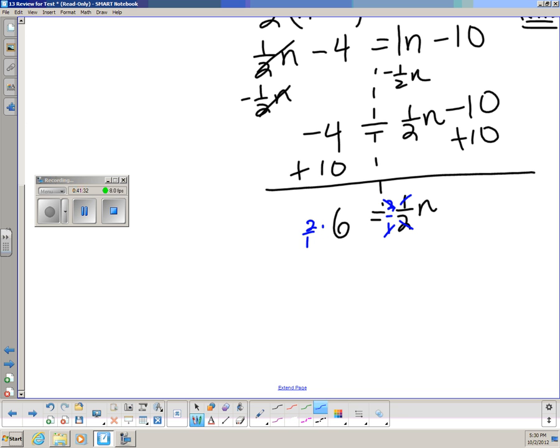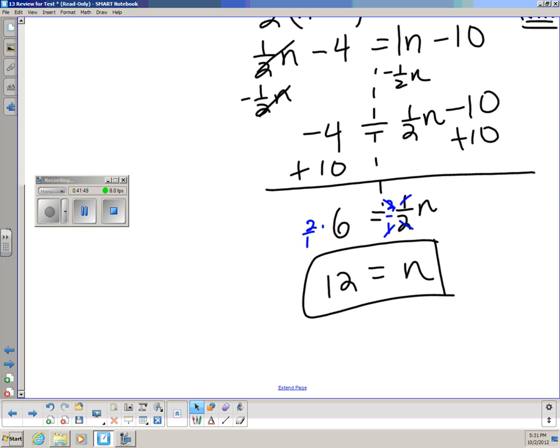So the 2's cancel, the 1's cancel. And we get n equals 2/1 times 6, which is 12. Do the calculator arithmetic. Do the fractions on your calculator. All right. Press the green key, and then y equals, and you press enter.